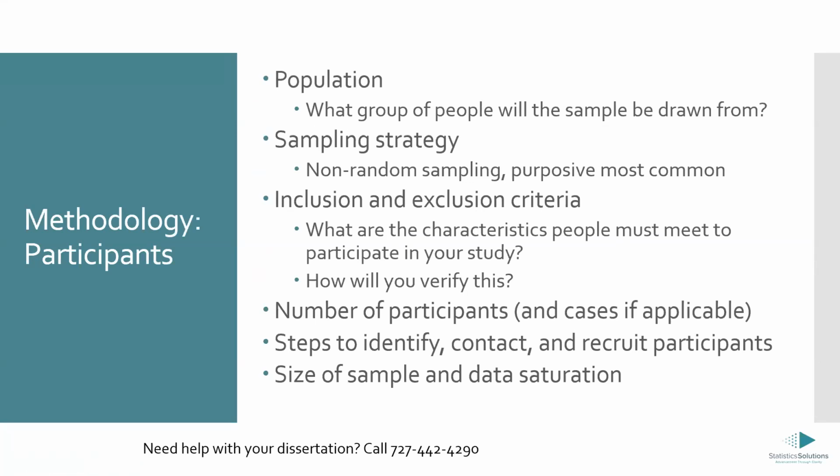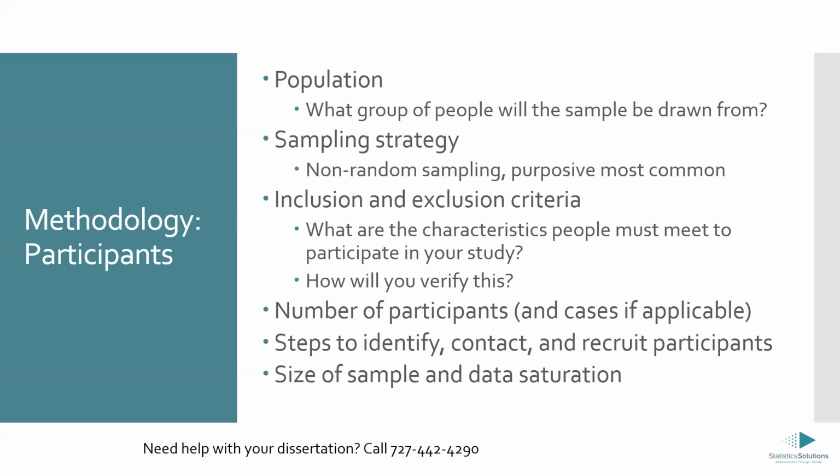This is because oftentimes we are studying something very specific, an experience. And so we want to make sure that the participants in our study have gone through that experience. If we're randomly sampling, we might get participants who have not been through the experience. So you need to meet some criteria. Your inclusion criteria should outline those characteristics that people must meet in order to participate in your study.